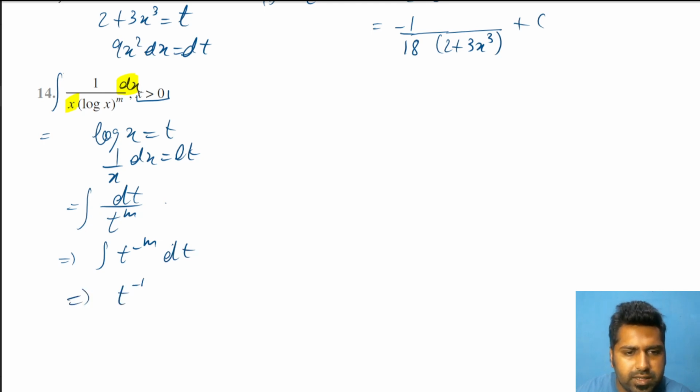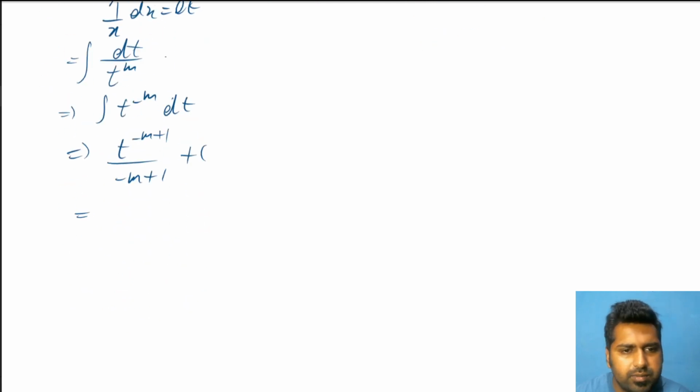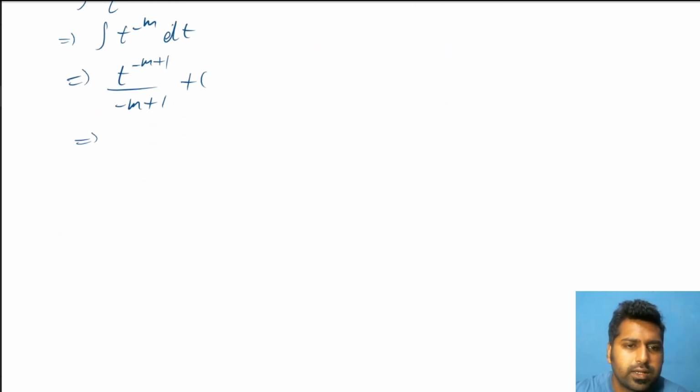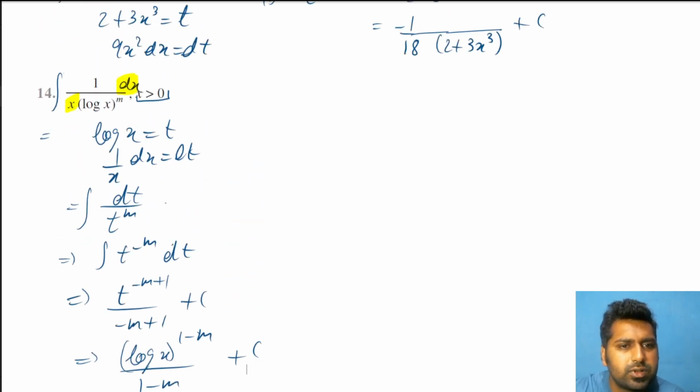So t raised to power minus m plus 1 upon minus m plus 1 plus c. So that makes it, t was log x, so log x raised to power, I can rewrite this as 1 minus m upon 1 minus m plus c, and I think adjustment was all okay. Yeah, done.